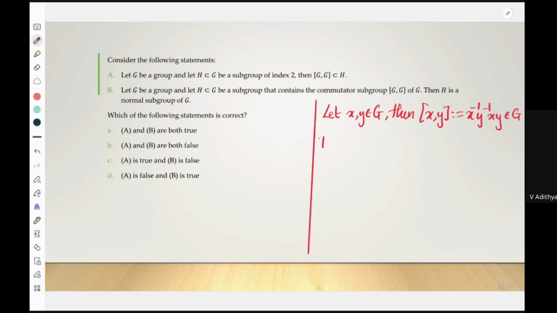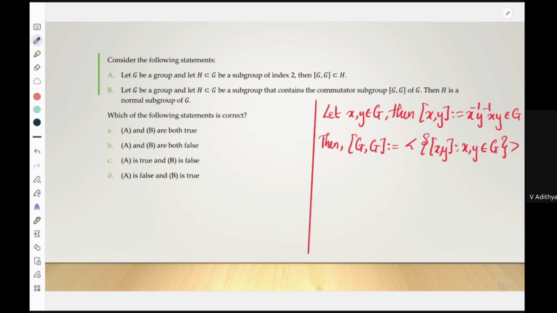Now the commutator subgroup [G, G] is defined to be the subgroup generated by [x, y] such that x, y are in G. This is the subgroup generated by all such elements, because just the set containing all the elements will not form a subgroup. So we are taking the subgroup generated by all these elements.